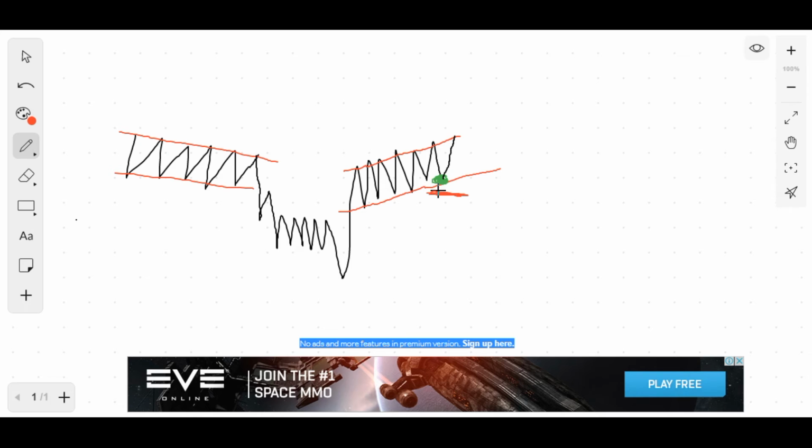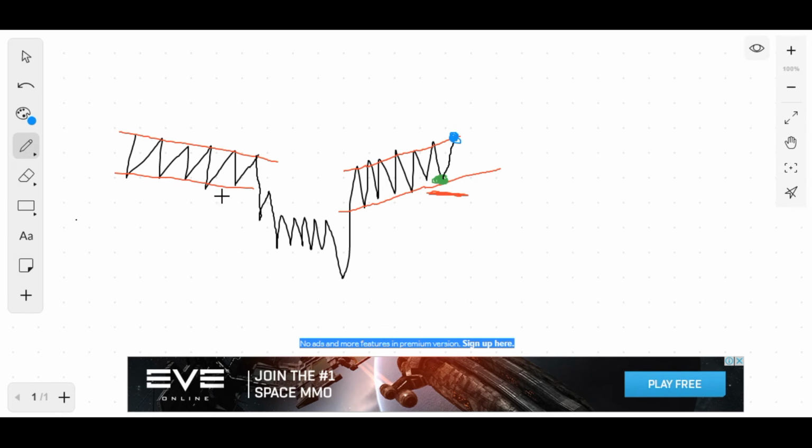So when you buy, you put your stop loss here, and your take profit should be at the top trend line. So this point should be your take profit. Okay, so you enter here, you take your profit here, and your stop loss is below the line.